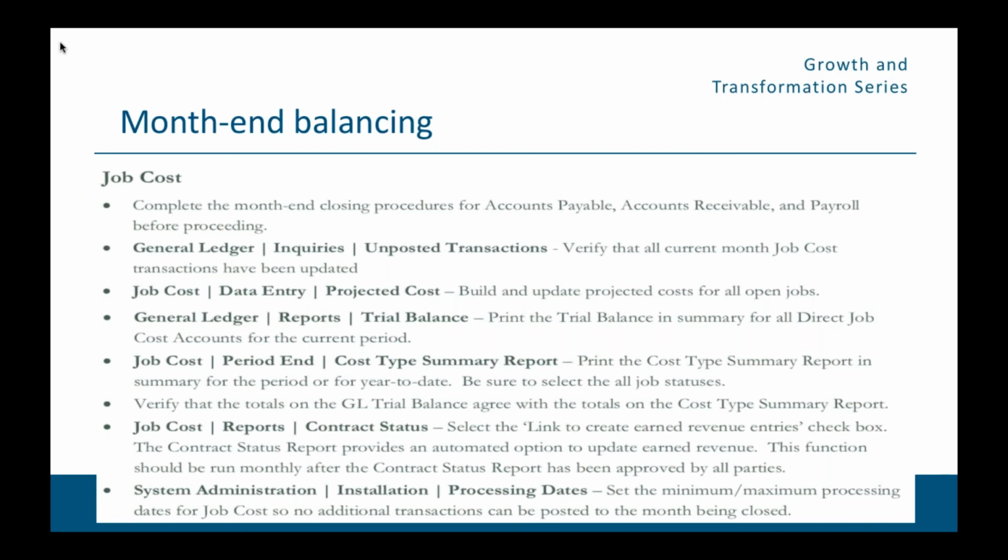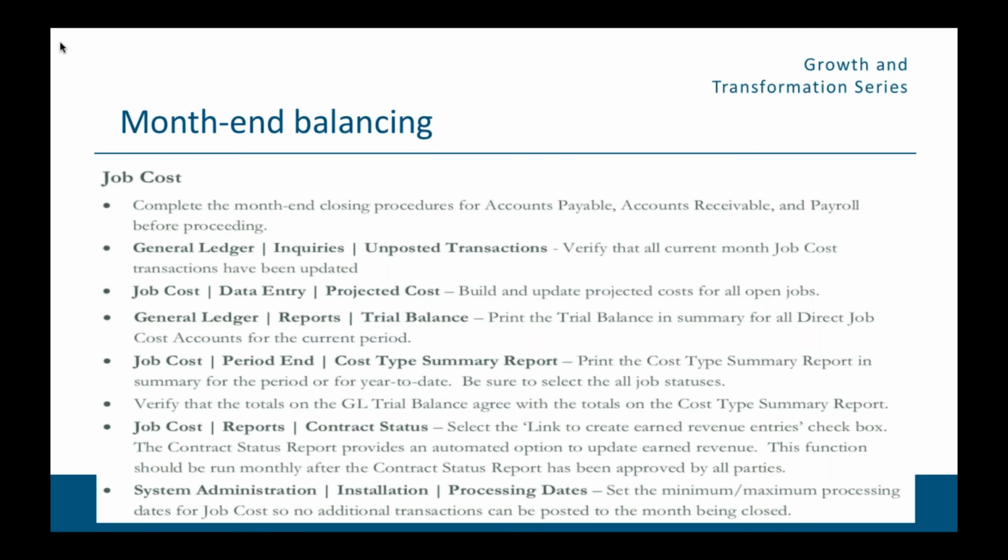And then there is also a contract status report. And it says here when you're running it at month end to select the link to create earned revenue entries checkbox. If you want to do that, it would create the file to send these earned revenue entries to be updated. So by job, it records those and creates that file automatically.